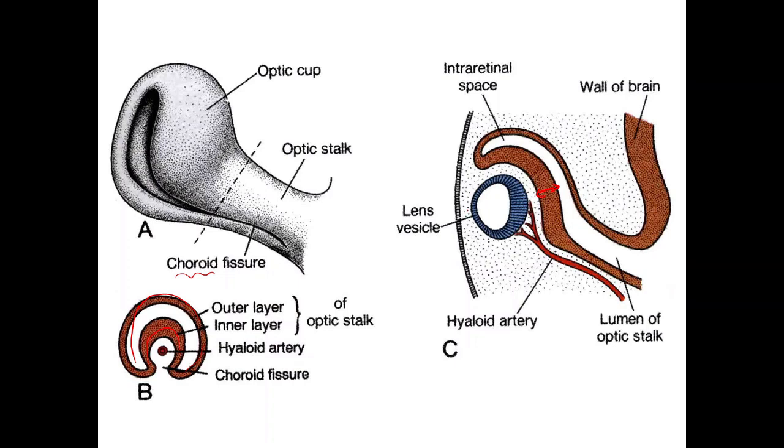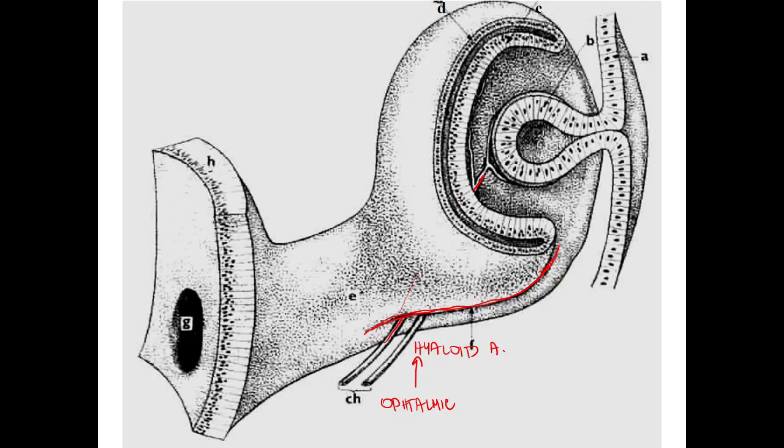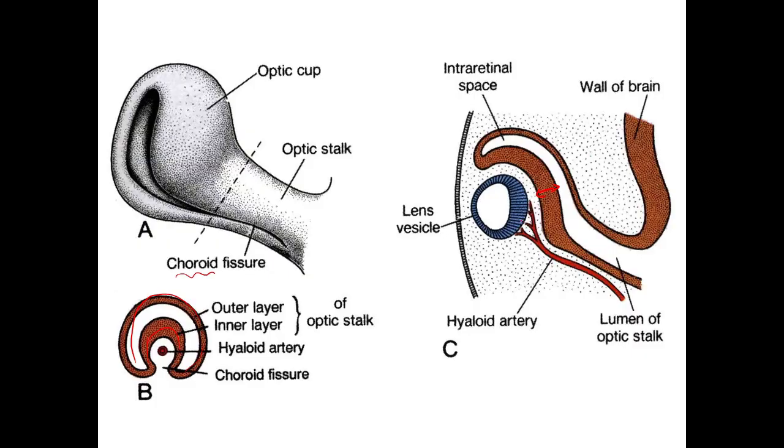And lens vesicle, because in some time, yes, in this case, we have still connection with the surface ectoderm, but at some time when we want to develop full lens, we want to separate the lens from the ectoderm, because your lens is not connected with the ectoderm, yes, so we need to separate it. So in this case, it's fully separated. We have the lens vesicle.